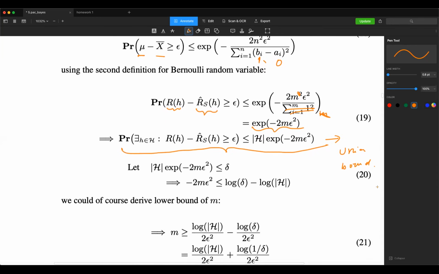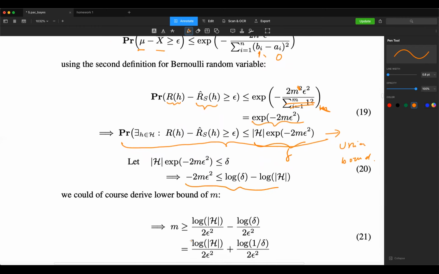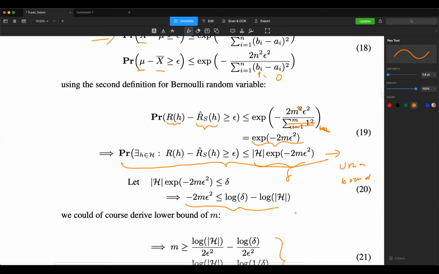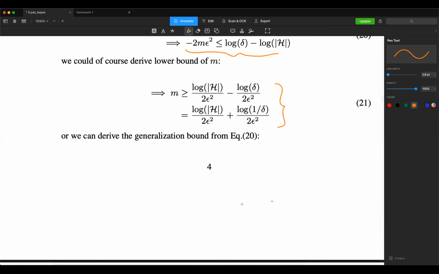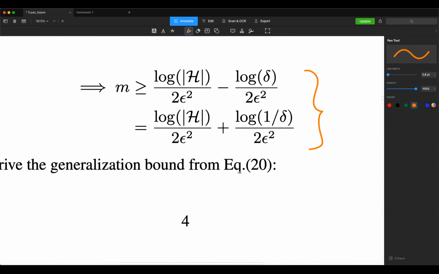All right, so let's keep on going a little bit. We let this be delta, and then we solve this, and then you will know m is equal to that. So if we look at m in this form and compare, put that in your mental picture for a couple of seconds.